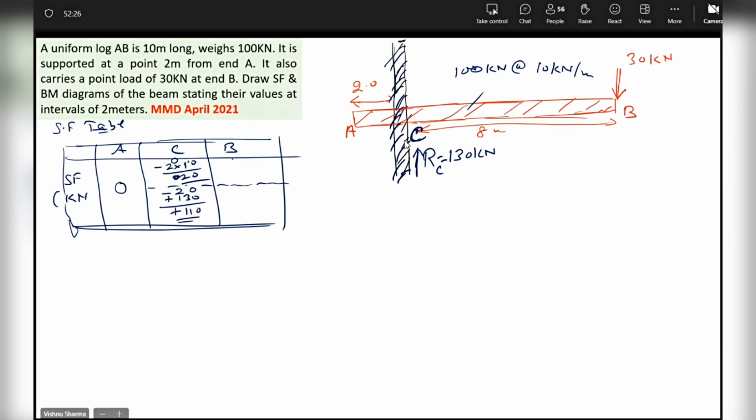I carry forward plus 110. And when I carry forward this 110, to the left of B, I'll have 8 meters of beam weight, 80. It will leave me with plus 30. I carry forward plus 30. I have minus 30 becoming 0. Yes or no, beta? Am I right, guys?